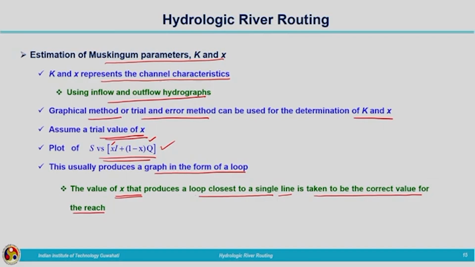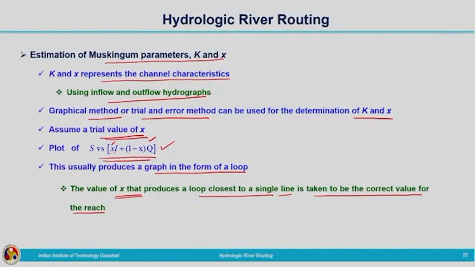That graph will be plotted again and again for different x values. When the loop comes back to the straight line or very close to a straight line, that value corresponding to x will be considered as the suitable value of x for the particular channel.